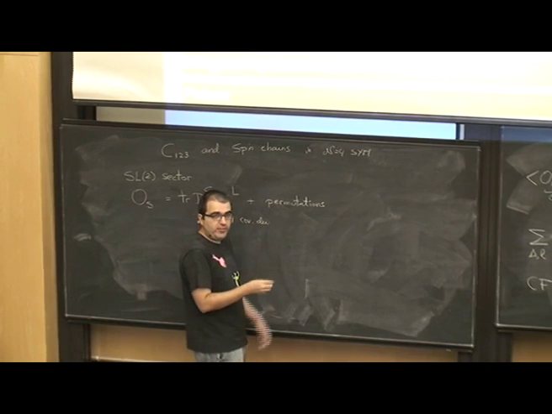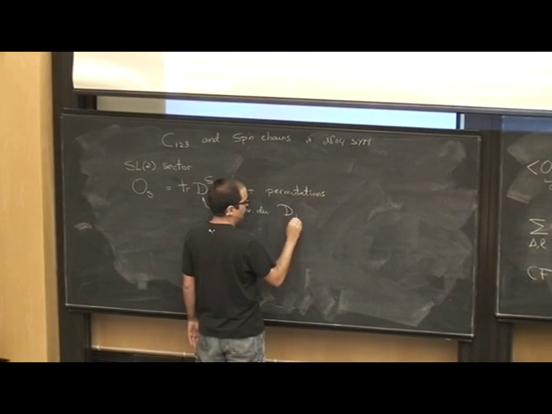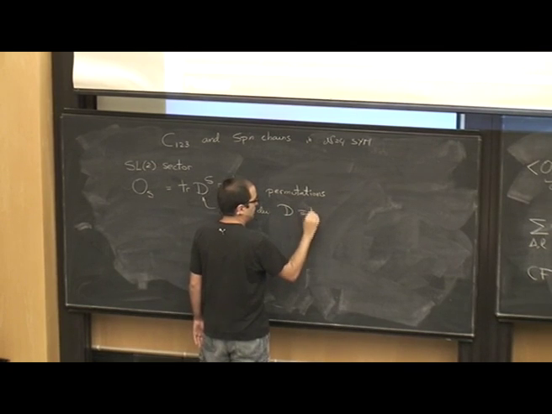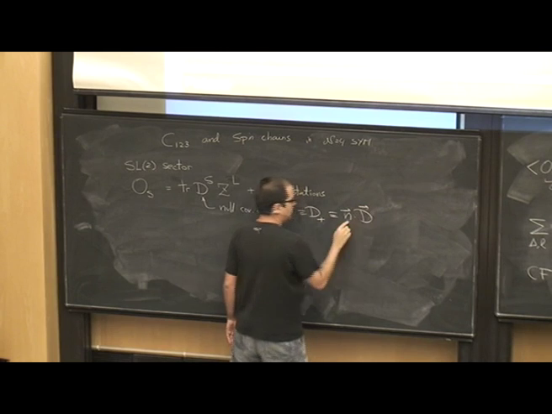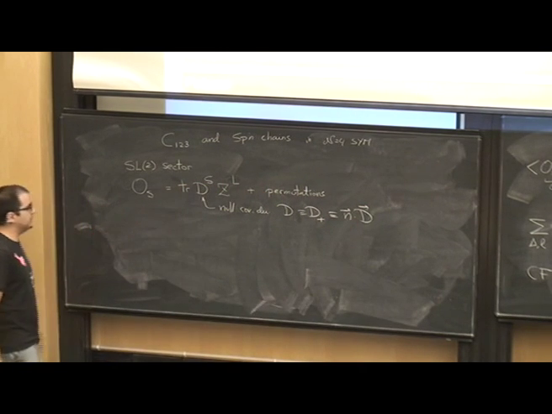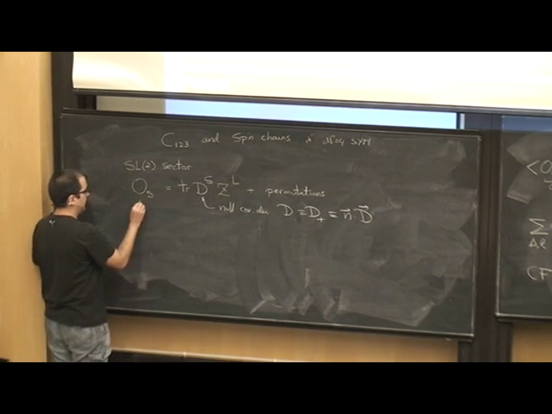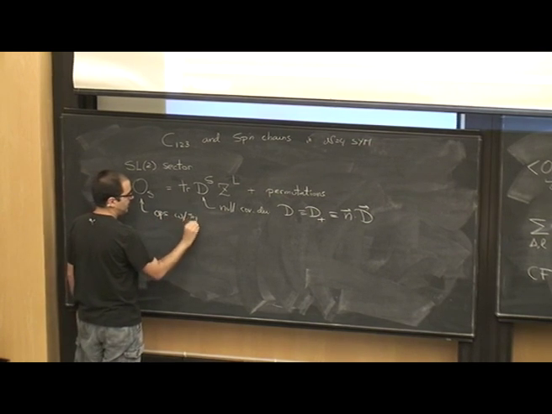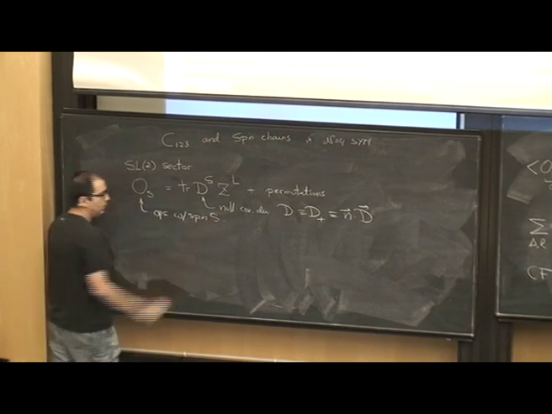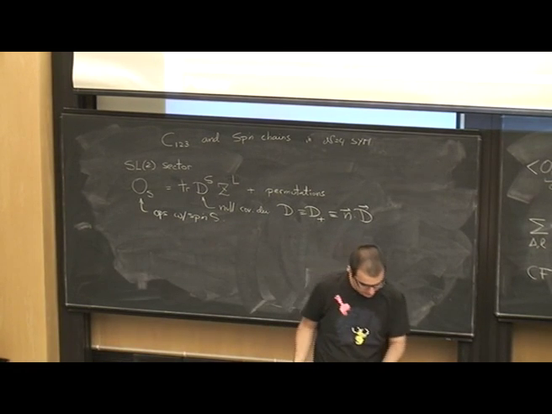It's just a convenient way of packaging symmetric traceless tensors. So this D is a null derivative, it is just n dot D, where this n is a null vector. Okay? And then you might ask, what is the spectrum of these operators with spin S? What is their spectrum in, say, perturbation theory?